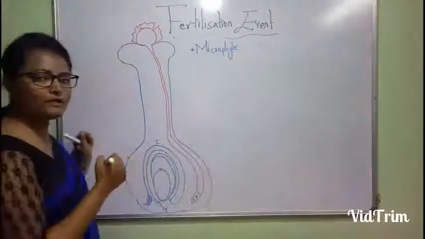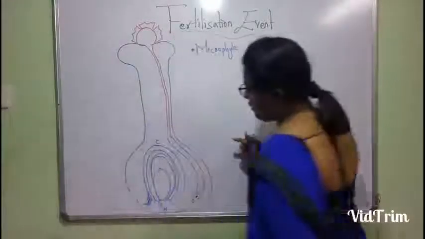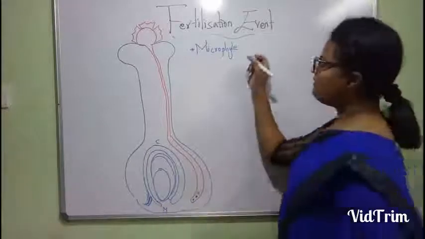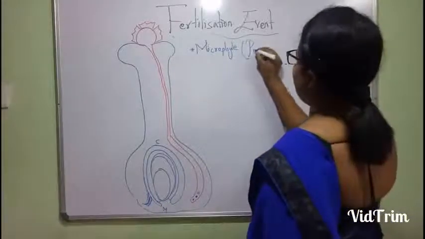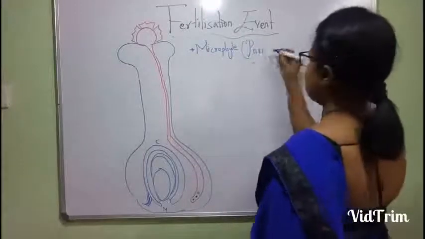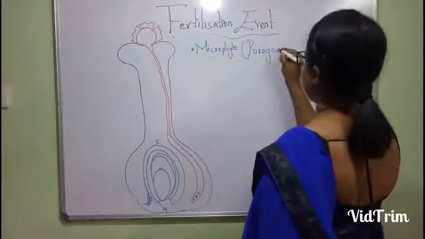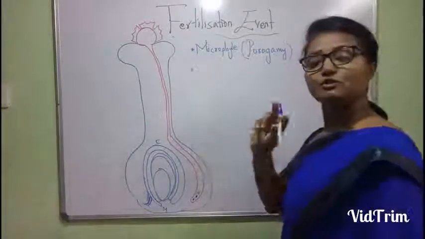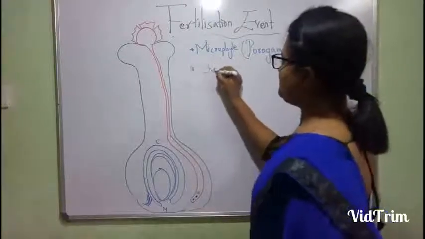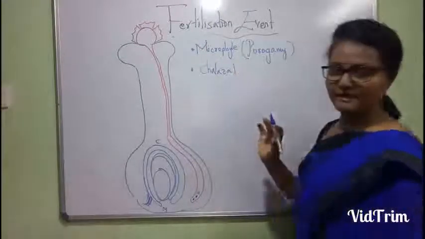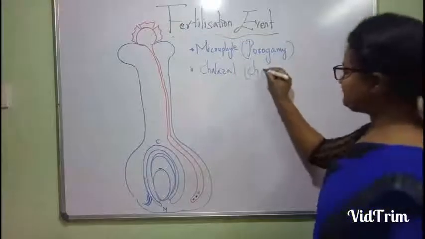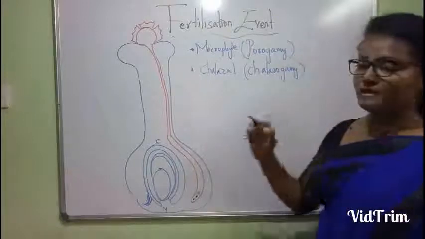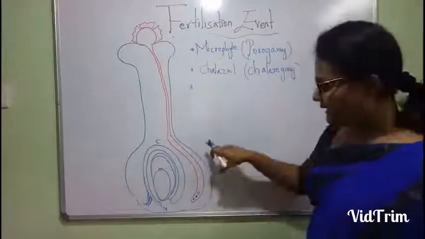Such entry of a pollen tube through the micropylar region, we call such entry or fertilization process porogamy. Sometimes it is through the chalazal end also. If it is through the chalazal end, it is called chalazogamy, or sometimes through the integuments.